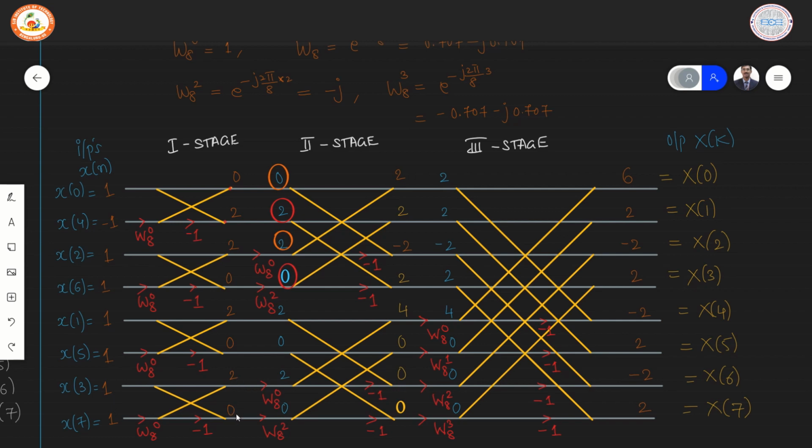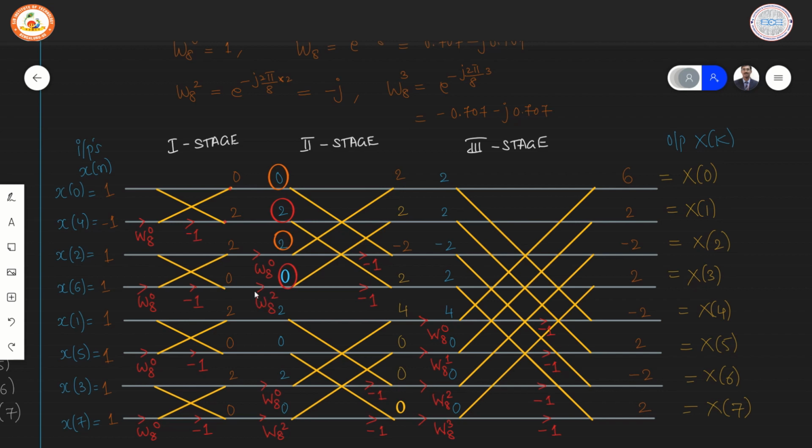Now, after calculating the output of the first stage, we need to determine the input for the second stage. We have to see wherever the values have to be scaled appropriately. For example, 0, no scaling, the value is the same, no scaling, no scaling. So all the values 0, 2, 2 are retained as they are.